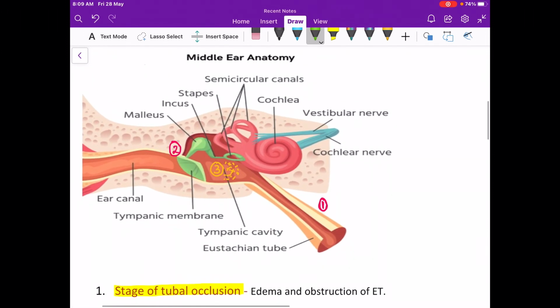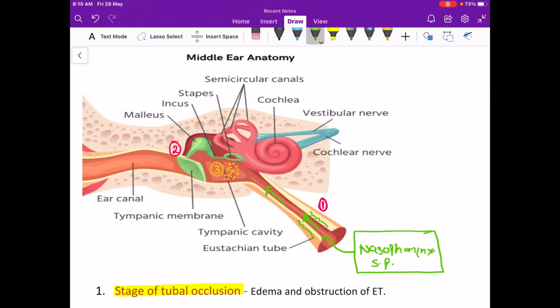Here in this part there is the nasopharynx, as I have told you earlier, and the infection, Streptococcus pneumoniae, travels through this part. When the infection travels through it, there will be inflammation of the wall of the eustachian tube, and whenever there is inflammation there is edema due to leakage of plasma, and hyperemia also.